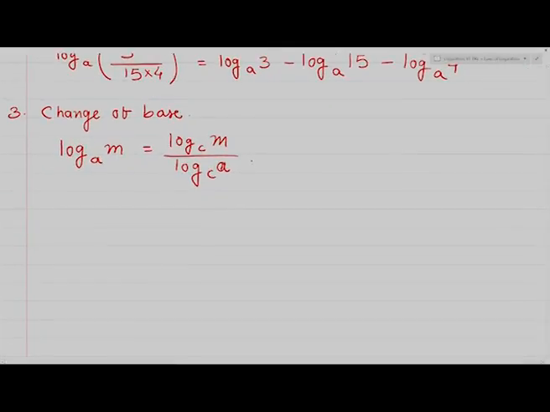In order to prove this property, I will slightly rearrange the property, saying this is equivalent to log to the base a of m into log to the base c of a is equal to log to the base c of m.